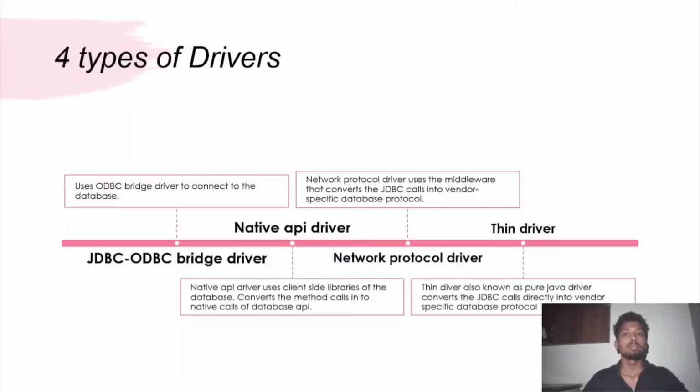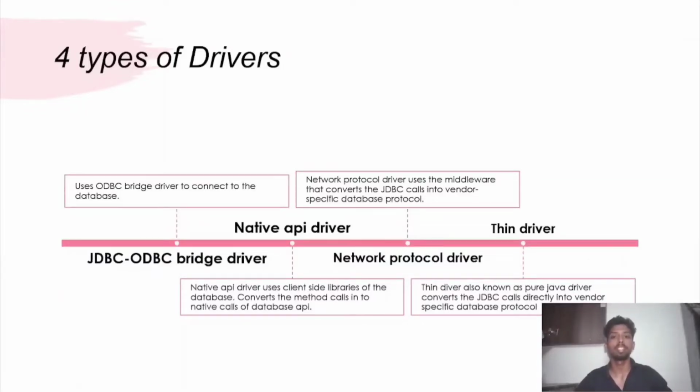But there are some drawbacks: to use the type 2 driver, we have to have the particular API of the database present in our system. Without a copy of that API, we cannot use these drivers. So everyone willing to use this type 2 native API driver should have a copy of that database API installed in the system. Otherwise, they cannot use it. So this is a drawback of the type 2 driver.